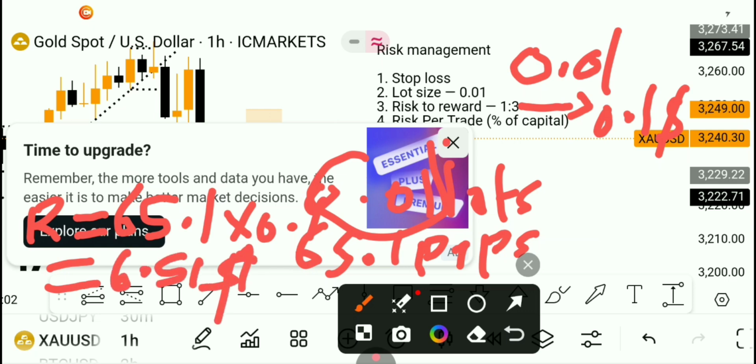So it means on this particular trade, if I'm using 0.01 lot size, I'll be risking $6.51, and $6.51 times 3 will be my reward. So it means I'll be targeting 6.51 times 3, about $19.5. My target will now be what?